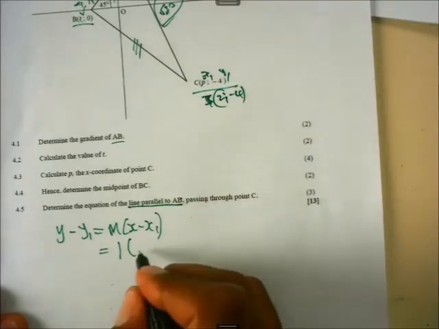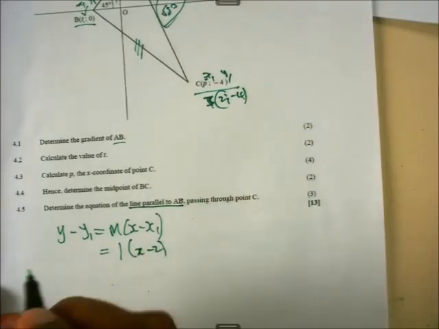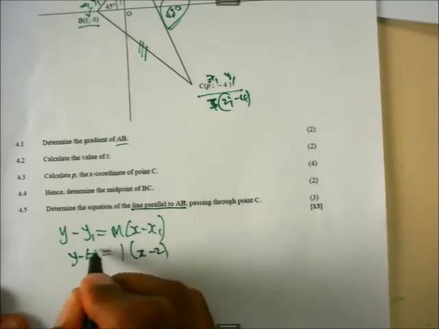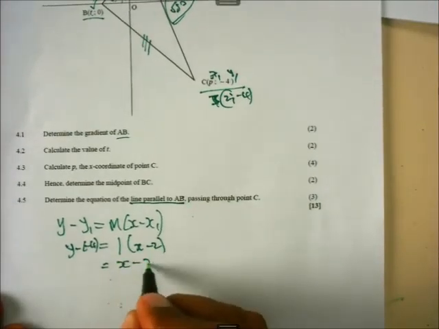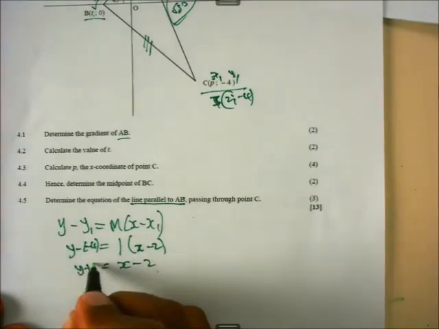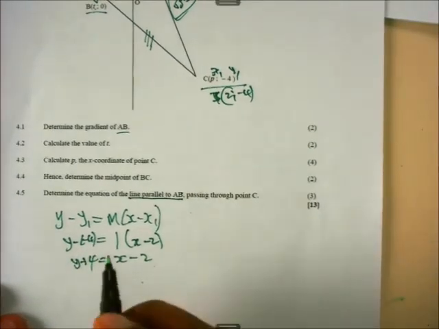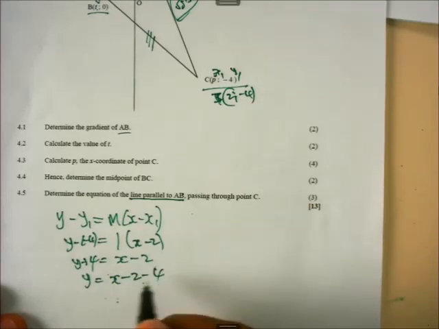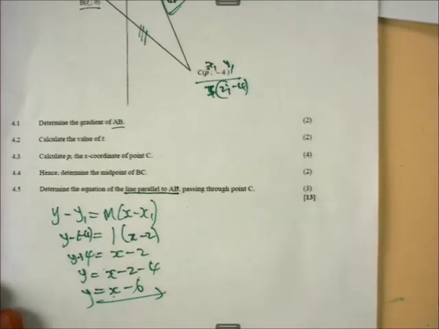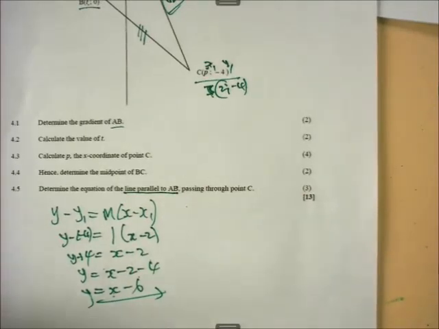Now it means x there is 2 and y there is minus 4. Therefore, we have y plus 4 equals x minus 2, right? Now we take 4 to the other side. y equals x minus 2 minus 4, which is x minus 6, right? Then that is your answer.